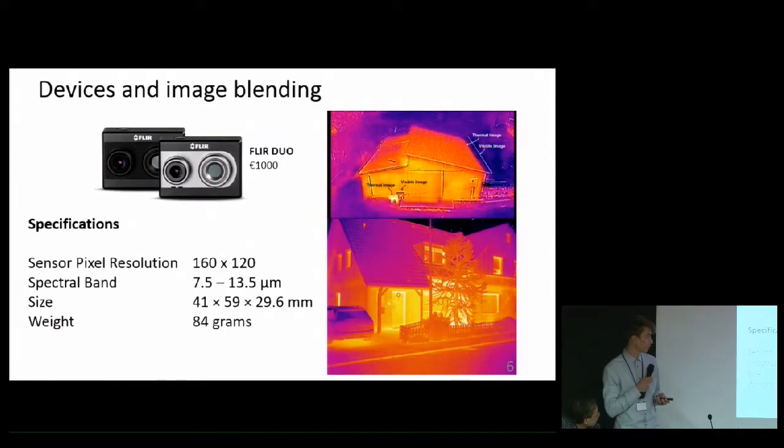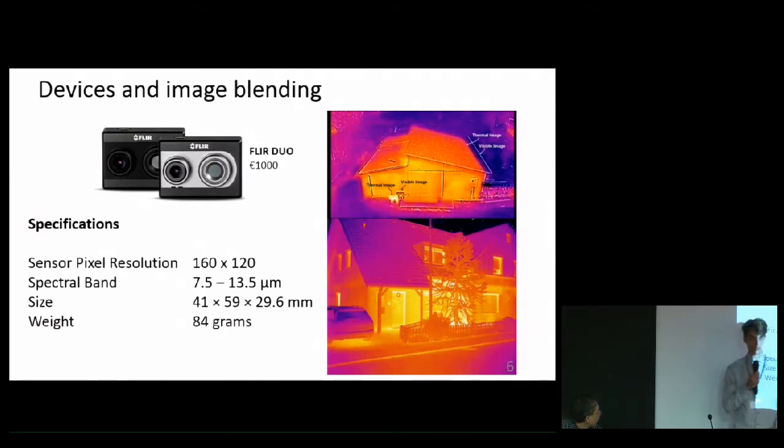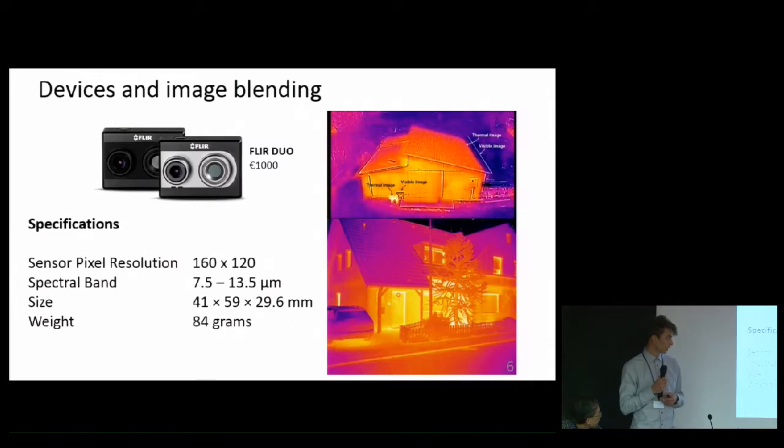You can see two examples here of blended images, and we can clearly see that when trying to blend the images together, it's not always perfect. There is a discrepancy between the thermal image and the visible RGB image. Because of this, and because you really don't want to add more challenges than you need, I would recommend that you just process the images separately.